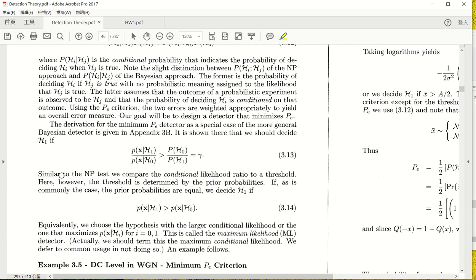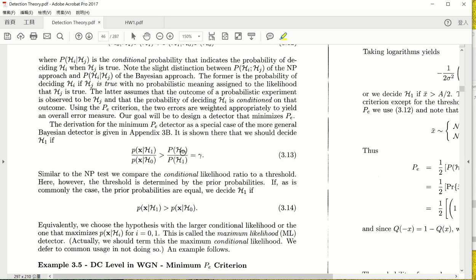Okay, so similar to the NP test, we'll compare the conditional likelihood ratio to a threshold, except that the threshold is set by the ratio of prior probabilities P(H0) and P(H1), which is equal to gamma. But this gamma is just a notation. The point is P(H0) and P(H1).